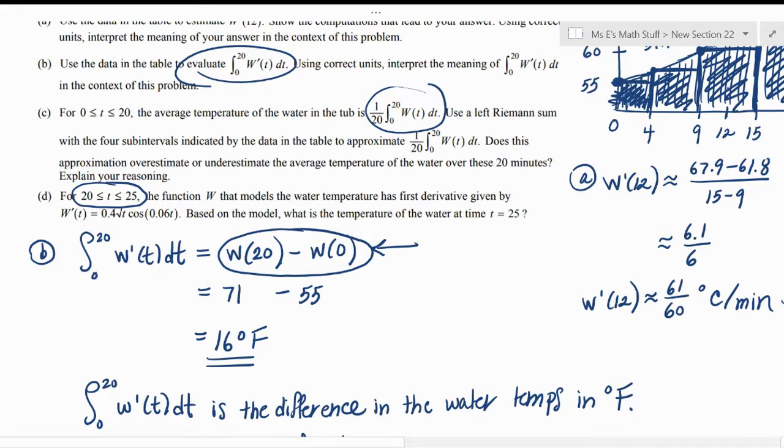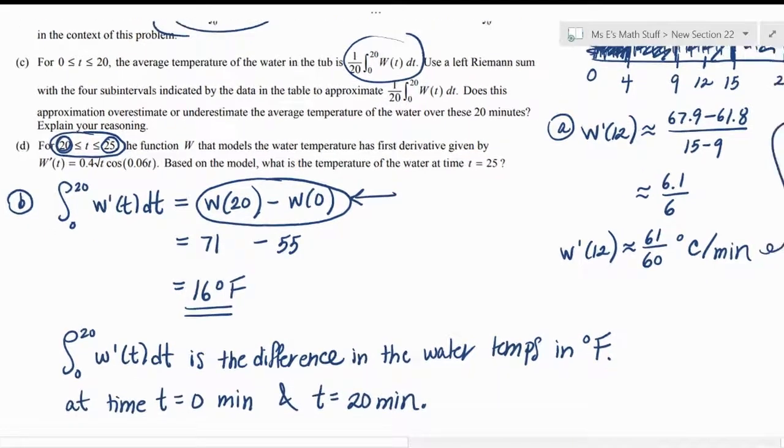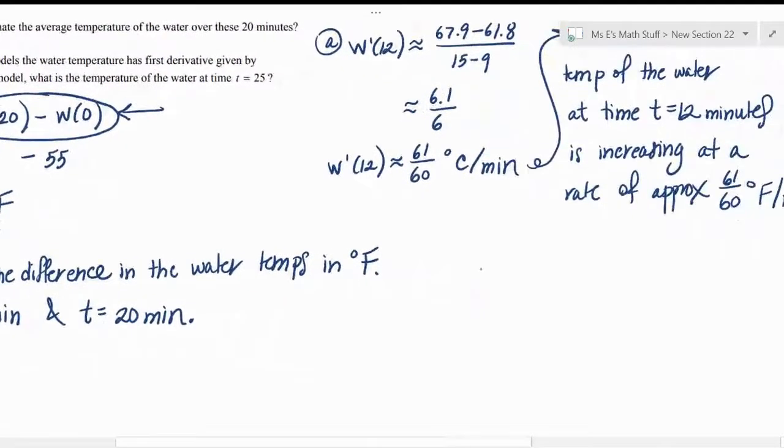Okay, so I hope it makes sense. What we want is w of 25, but we have w prime. I hope it's not a surprise that an integral with respect to t will be part of your solution. And then we're going to use 20 and 25 for the bounds, and just be careful how we interpret it. So for part D, I hope this makes sense. The integral from 20 to 25 of w prime of t dt, if you just think about antiderivative of w prime, it's w and then plugging in your bounds.